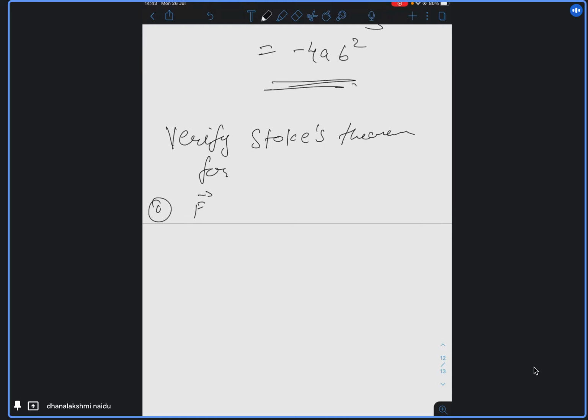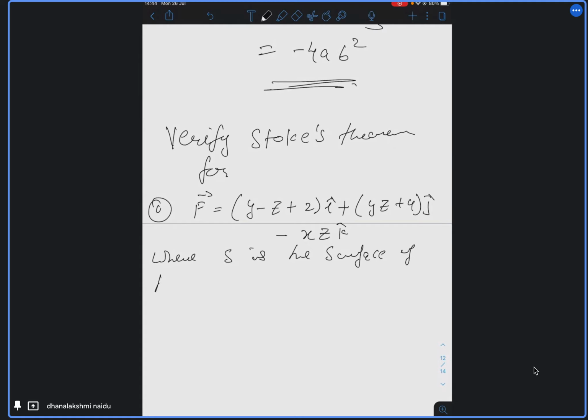When f bar is equal to (y minus z plus 2)i plus (yz plus 4)j minus xzk, where S is the surface of the cube x=0, y=0, z=0, x=2, y=2, z=2, above the xy plane.